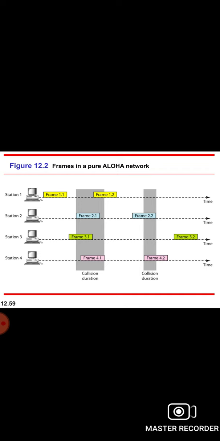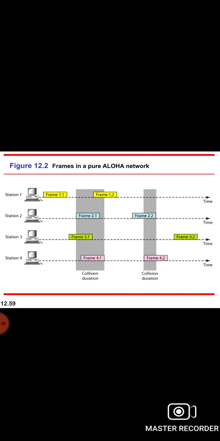There are 4 stations that contend with one another for access to the shared channel. In this diagram, each station sends 2 frames, so there are a total of 8 frames on the shared medium. Some of these frames collide because multiple frames are in contention for the shared channel.